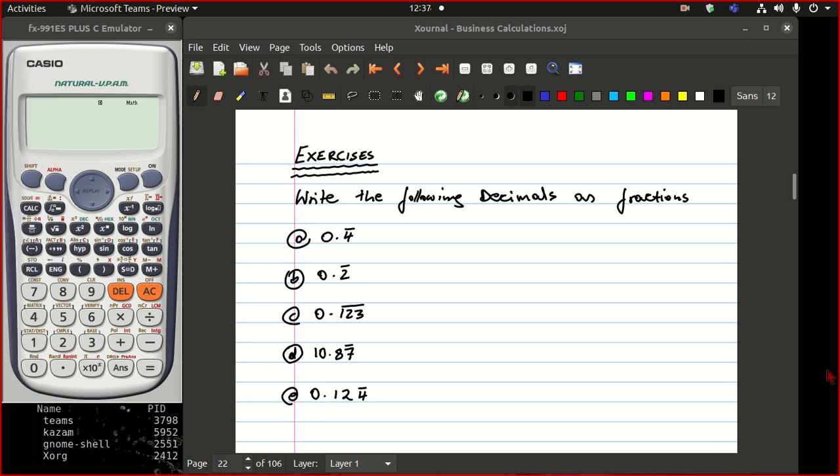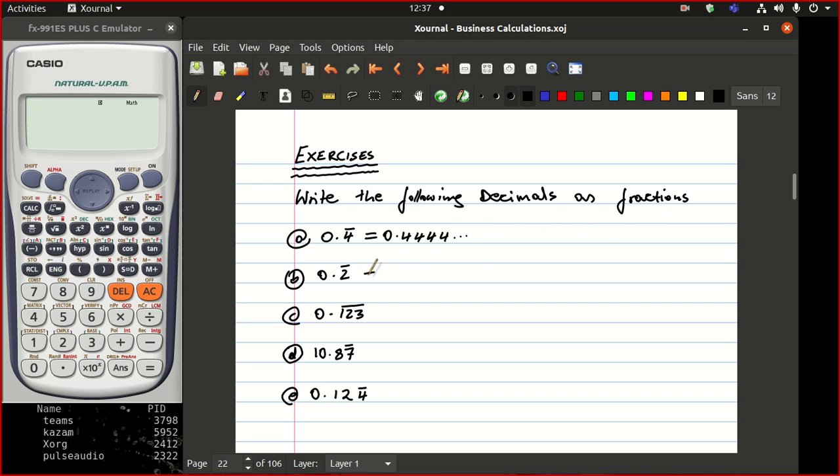So what we are going to do here, first let's recognize that 0.4 with a bar is the same as 0.4444, and then you continue writing these 4s and you don't stop. In other words, you just write these three dots to say that I'm going to write all the 4s.